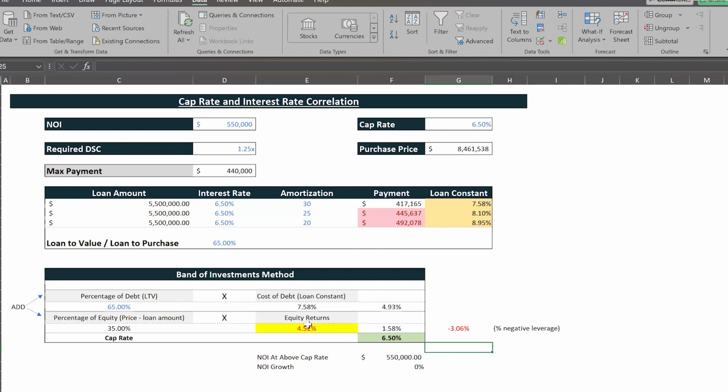Let's just say I had a preferred return of 8% that I was hoping to hit on my deal, and the market has set my loan terms. If I have equity returns of 8%, note that this went green from red, I no longer have negative leverage. If my returns were at 8%, I would have to pay a 7.72 cap on this deal with these loan terms to achieve that.